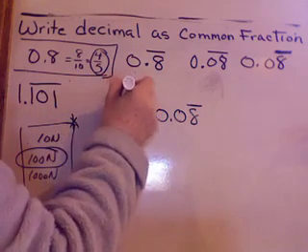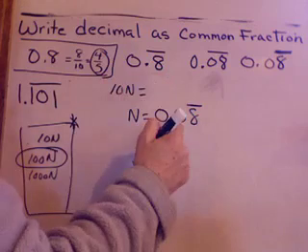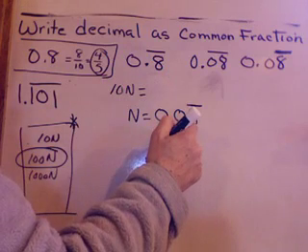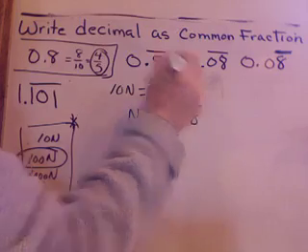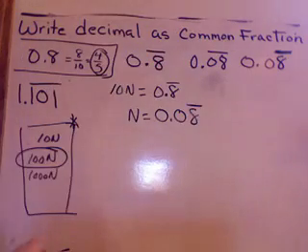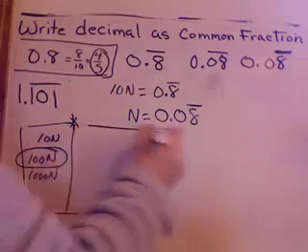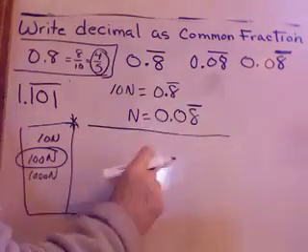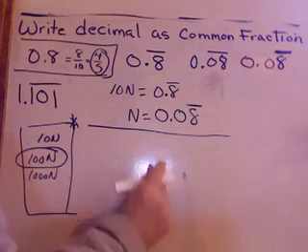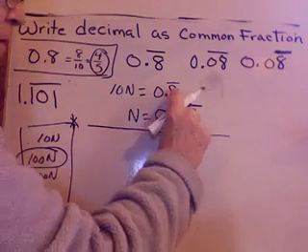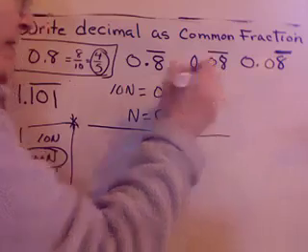So 10n equals, multiply this by 10. So that would be 0.8 repeating. Now, again, I have to do a subtraction. I need a placeholder there. Should I put a 0 or should I put an 8? Think carefully. 8 repeats, so I have to put an 8 there.